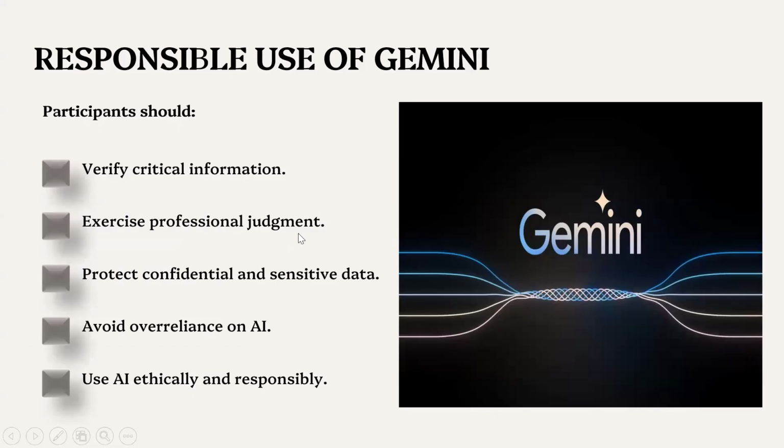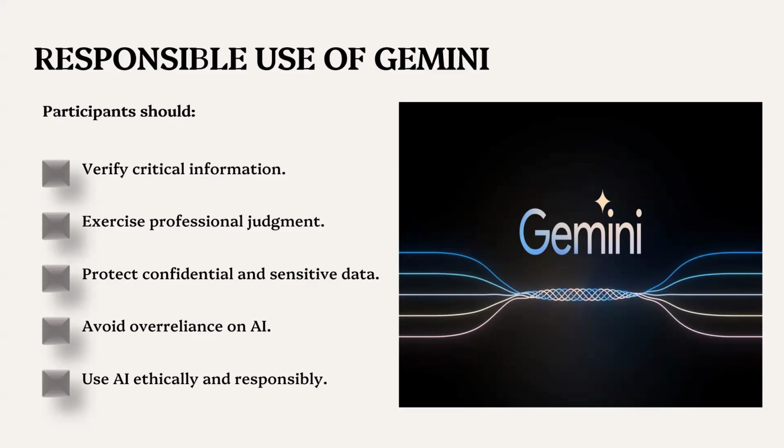Responsible use of Gemini. This is our admonition to you now. You should verify critical information, exercise professional judgment, protect confidential and sensitive data, and avoid over-reliance on AI. Ladies and gentlemen, remember I've told us earlier, no matter the sophistication of an artificial intelligence tool, the place of human brilliance and ingenuity cannot be overemphasized.